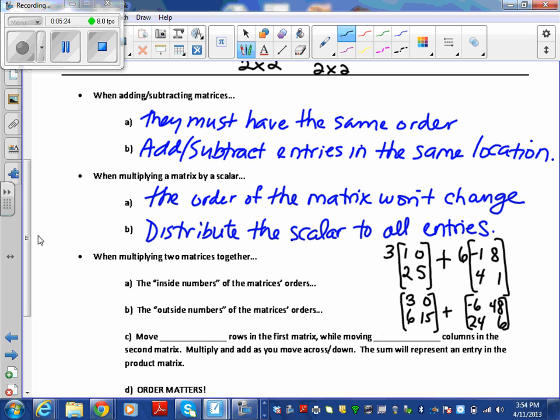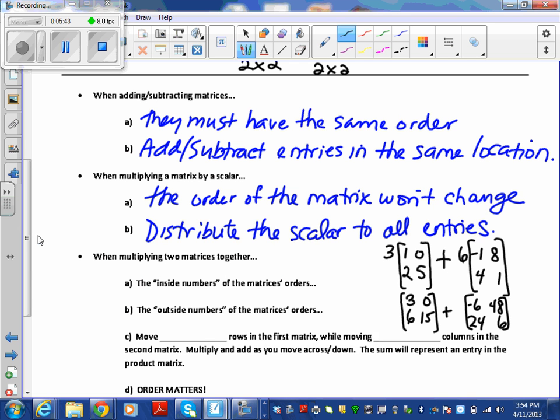Now we're just left with addition, and we're going to double check that these matrices are the same exact order. They are. They are both 2 by 2 matrices, so we are just going to add the entries that are in the same location. So since 3 is in the top left corner, and then -6 is also in the top left corner of the other matrix, we'll add those together. And then you just keep moving forward.